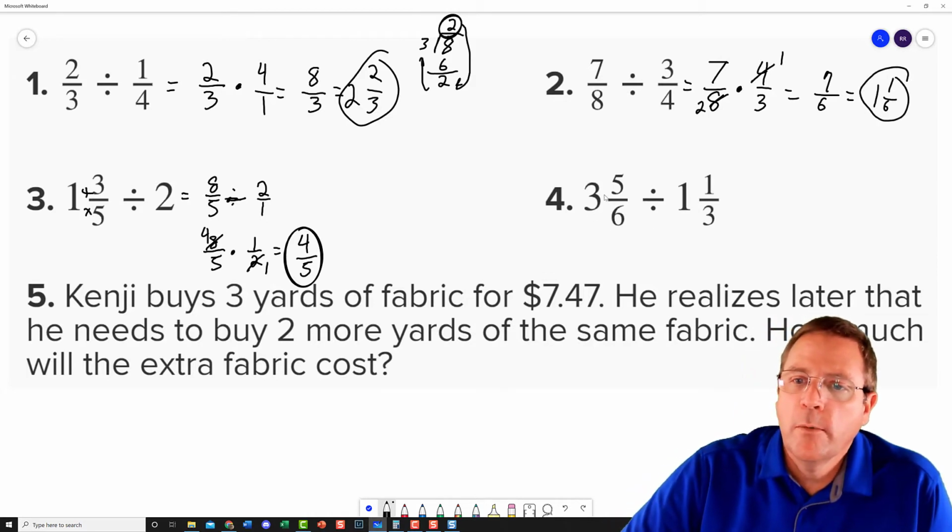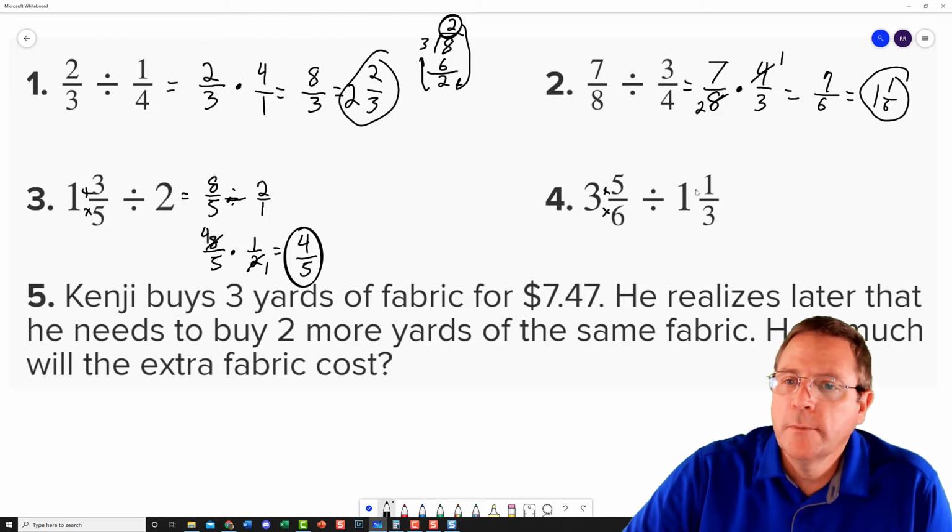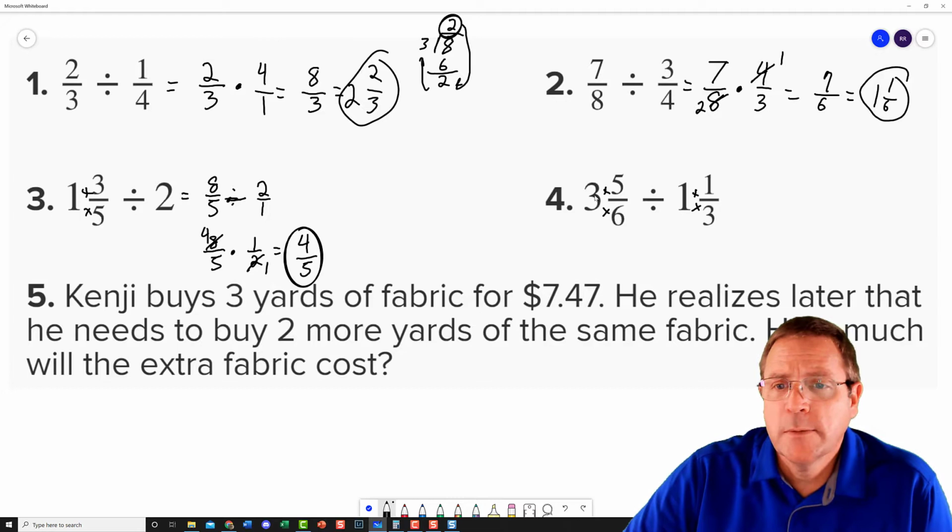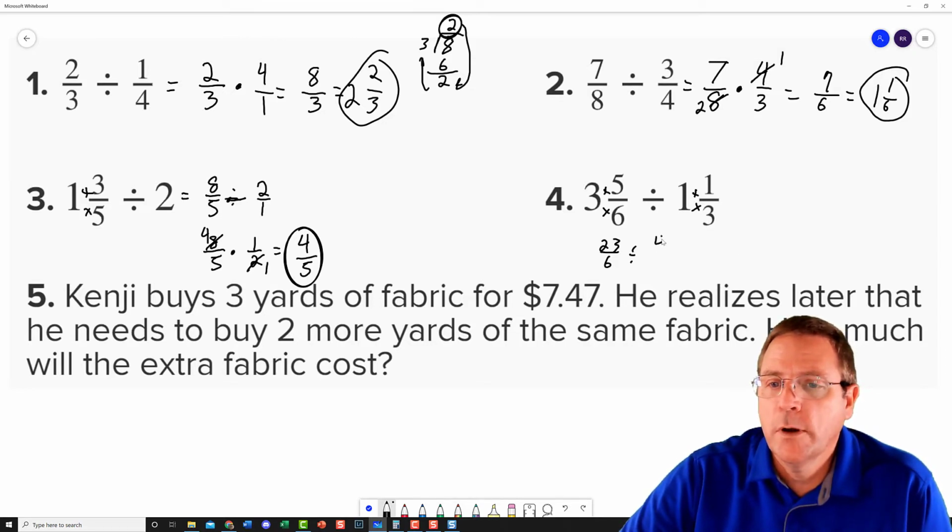Your final problem, we're going to use a Texas approach again. T and X, also known as plus and times. 6 times 3 is 18. 18 plus 5 is going to be 23 over 6. Divided by 3 times 1 is 3 plus 1 is 4 over 3. That we're going to keep, change, flip on.